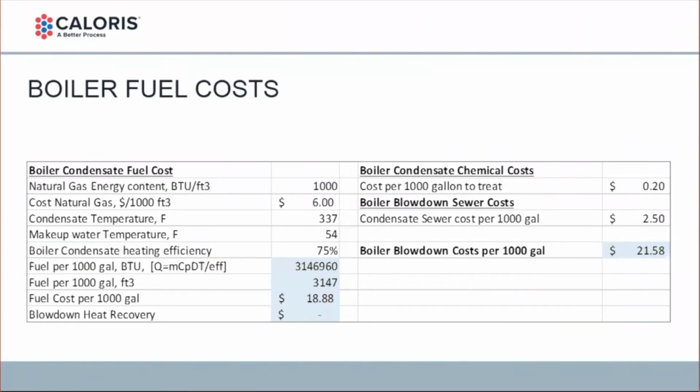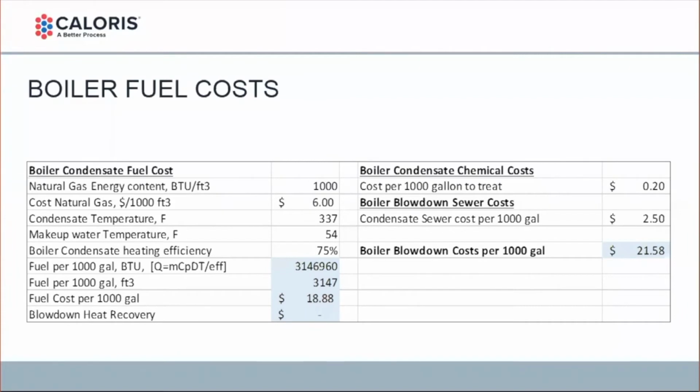The cost to heat that water up is based on the temperature difference of 337 minus 54 degrees, with a 75% boiler condensate heating efficiency. After going through all the numbers, that figures out to $18.88 per 1,000 gallons to heat up that condensate.